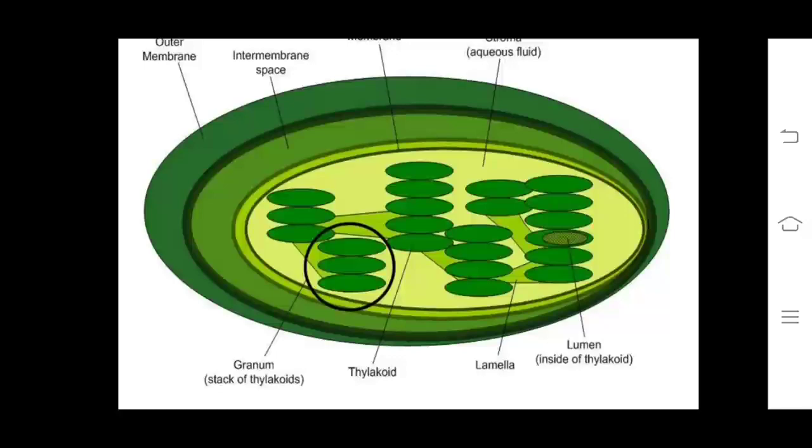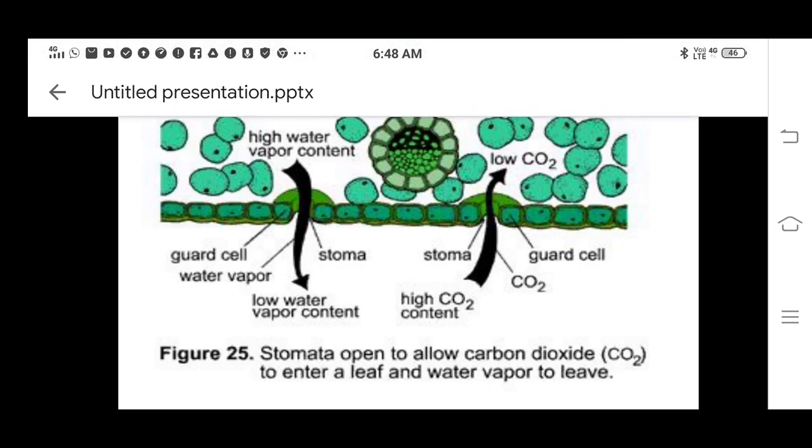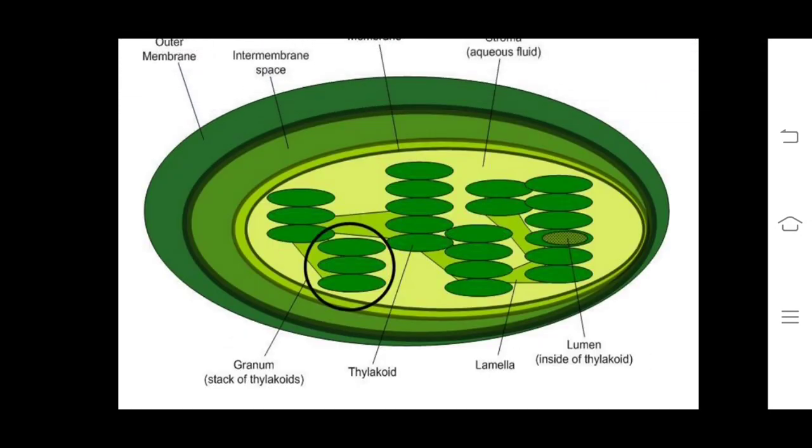So inside the chloroplast, it's bounded by 2 membranes, outer membrane, inner membrane, and the third membrane forms coin-like structures which are known as granum, stacked on one another to form the granum thylakoid.